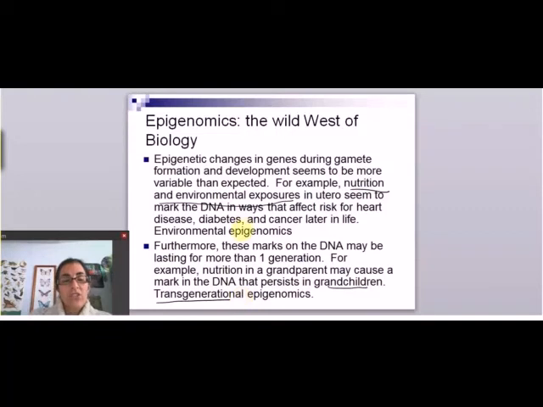So one of the really interesting studies they've done on this is looking at the effects of famine. And they did this in countries where there was really good records. This was in Sweden, I believe. And Sweden had really good harvest records. So they could predict famine based on harvest records.